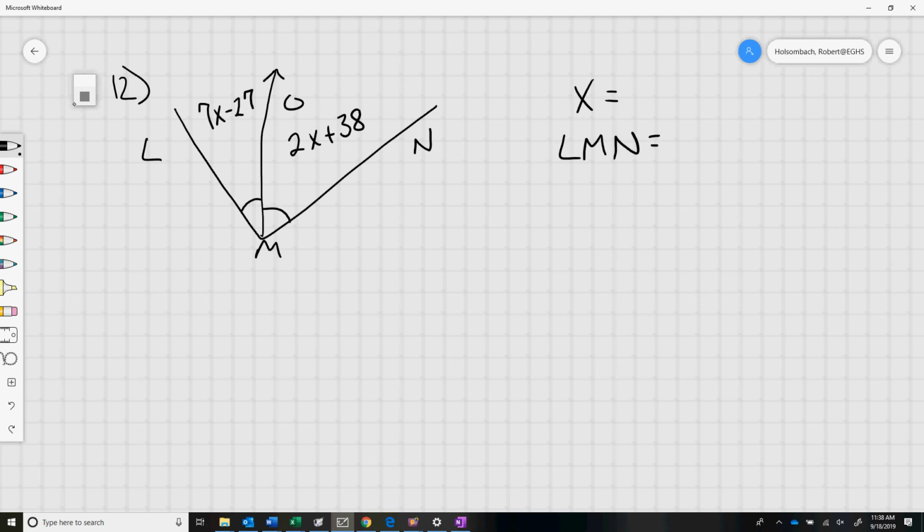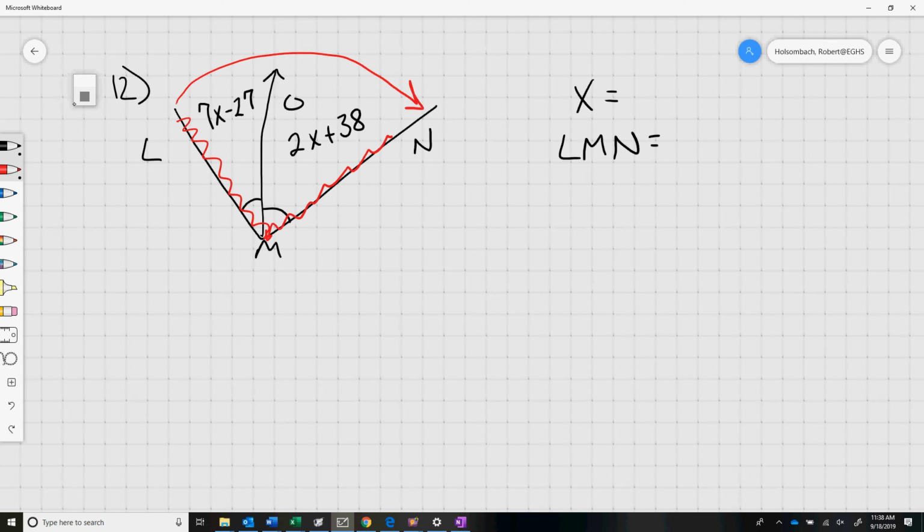So it's the sum of the two smaller angles. First thing you need to do is solve for x. And they're equal to each other. So your 7x minus 27 equals your 2x plus 38. If you subtract 2x from each side, then 5x minus 27 will equal 38.